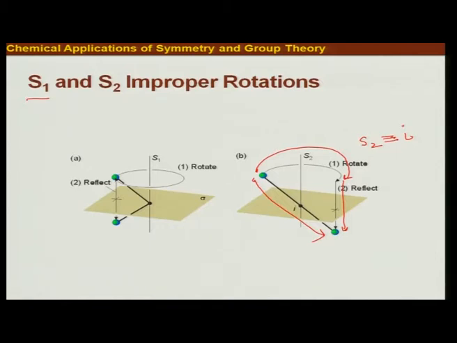You can go to a higher one like S3, which will have a C3 followed by a sigma perpendicular. S4, as we showed with this methane molecule, will have C4 followed by sigma perpendicular, and so on. You can try to look at different molecular models and find out what the different symmetry elements are.